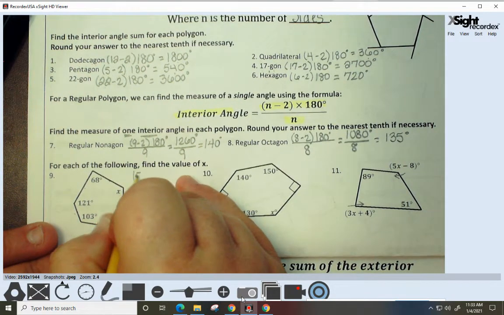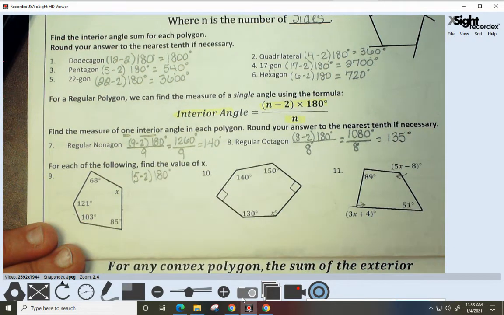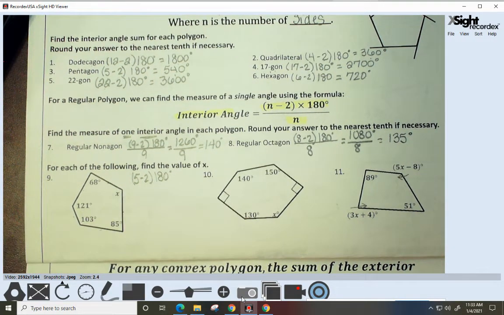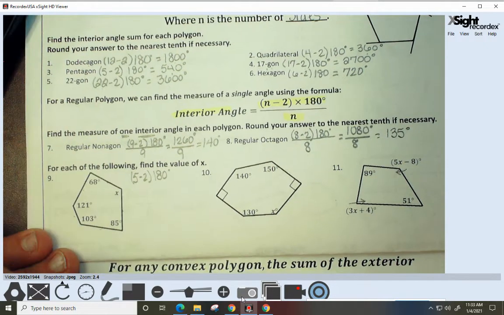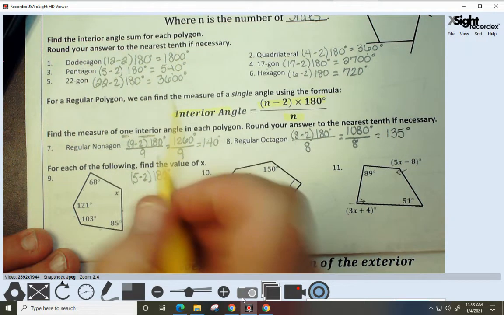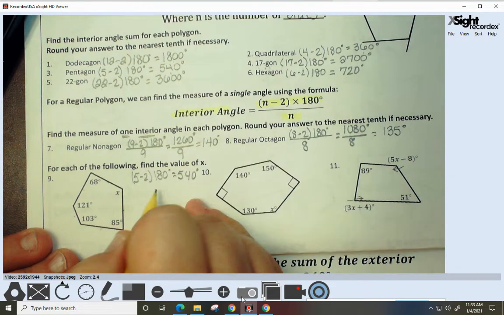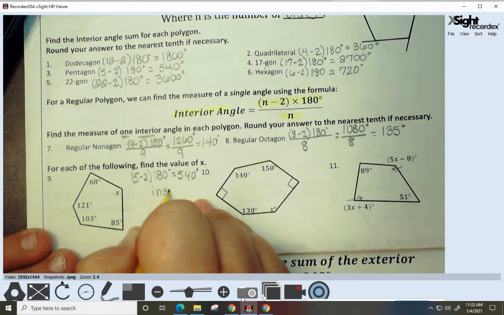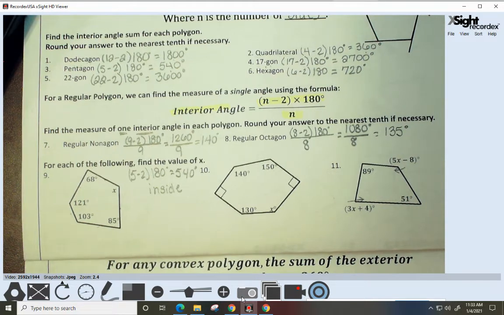So I've got 5 minus 2 times 180, to decide what they add up to inside. This is 3 times 180, so this figure has 540 degrees inside. All angles inside must add up to 540 degrees.